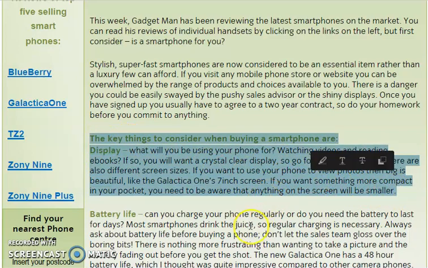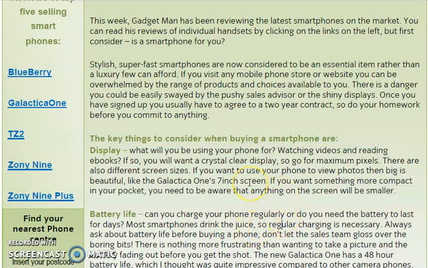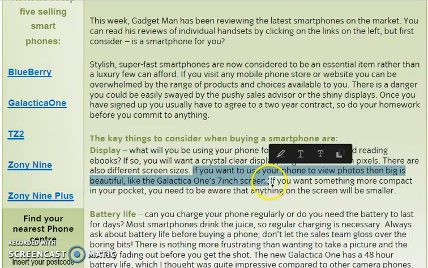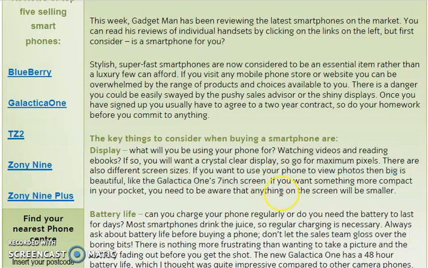It tells you about how good a particular phone is, but it sort of puts that in context. So it says, if you want to use your phone to view photos, then big is beautiful, like the Galactica's 7-inch screen. So it's kind of giving you both sides of the story. It's giving you all the information, letting you make your mind up for yourself.